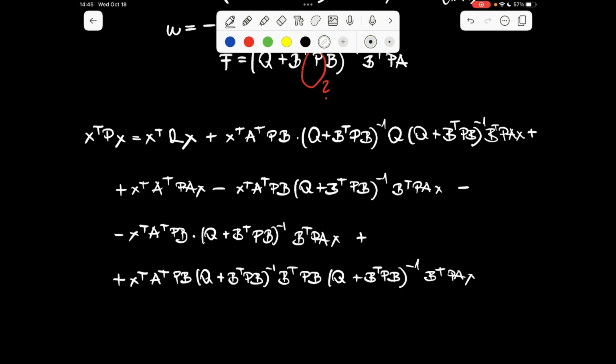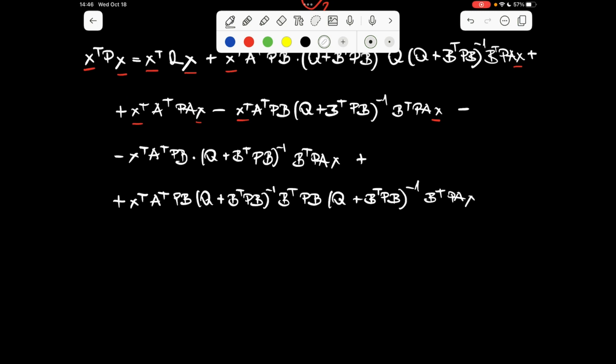Okay, and from this we can realize that x and the transpose of x show up in each part of this sum.